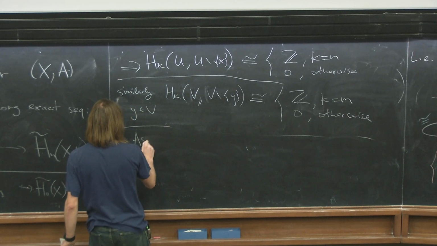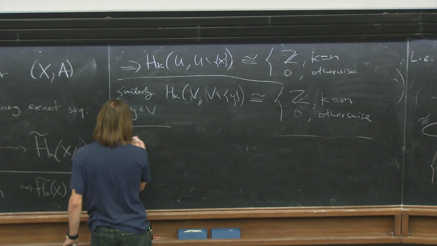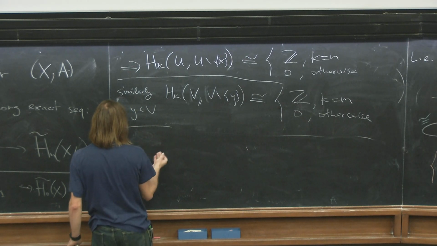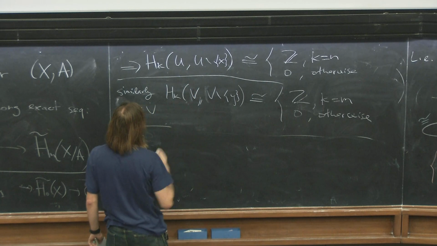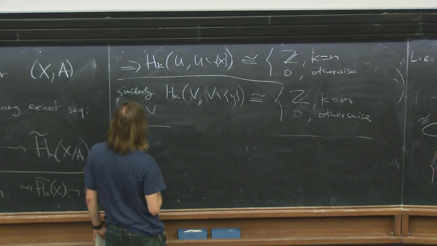So by assumption, this is a given: V and U are homeomorphic.